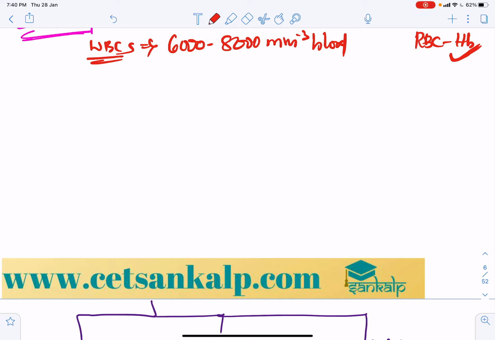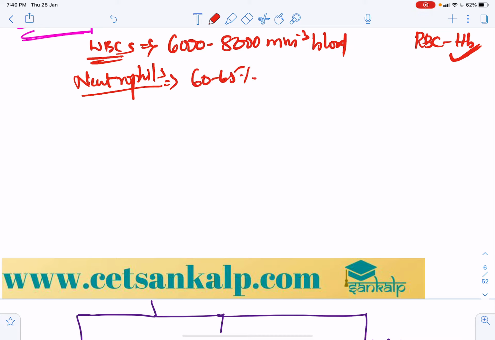In this case, the asked question is which will be abundant. Among those, the abundant will be neutrophils. They form 60 to 65% of the total, and then basophils.